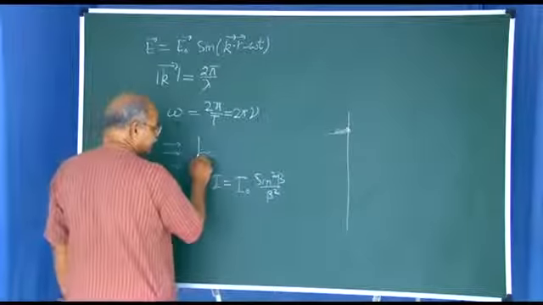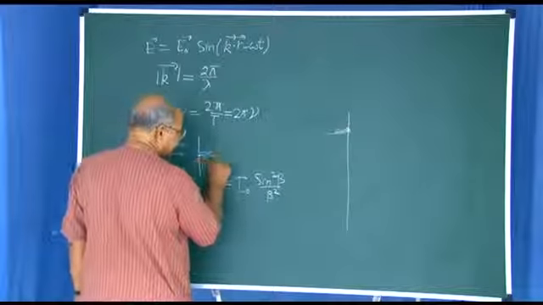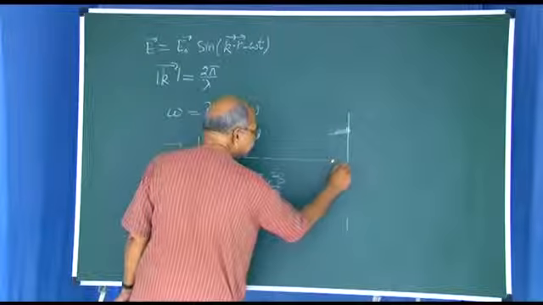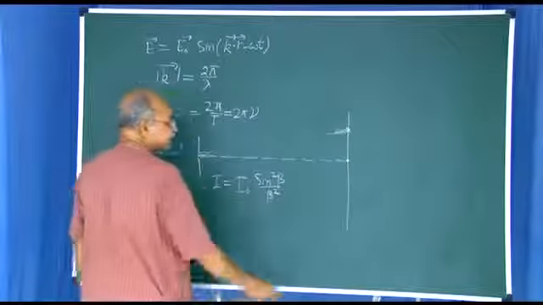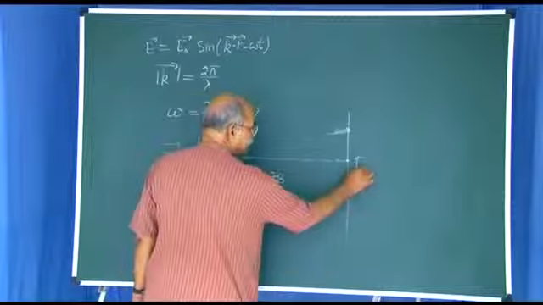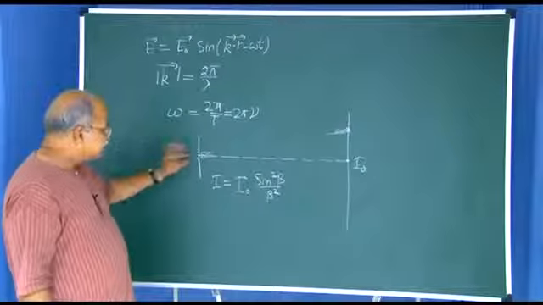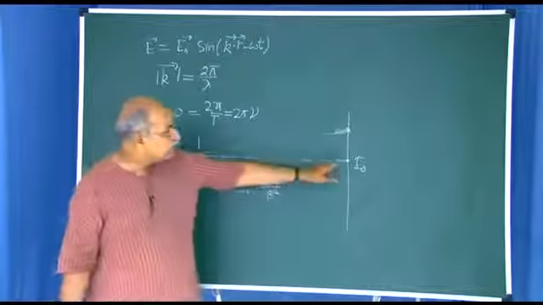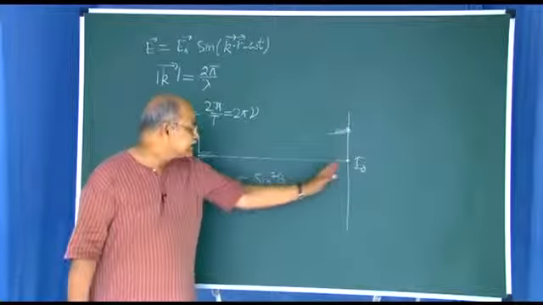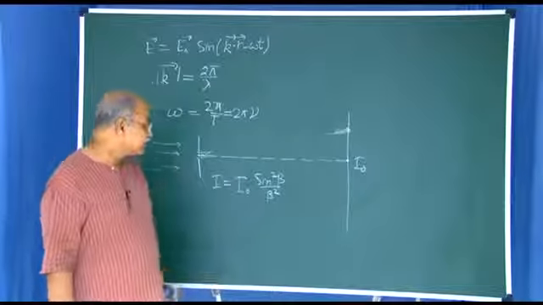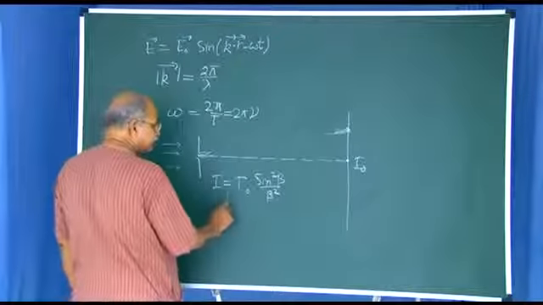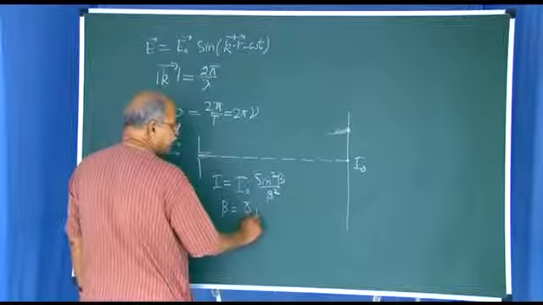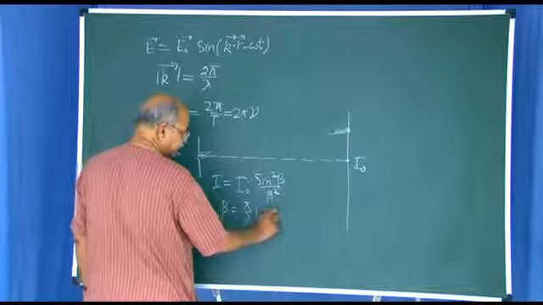If you take the symmetrical point on the screen, the intensity here is I naught. This is a rectangular slit, and then right in front of the center you take a point on the screen, and there the intensity is this I naught, and beta is pi over lambda b sine theta.